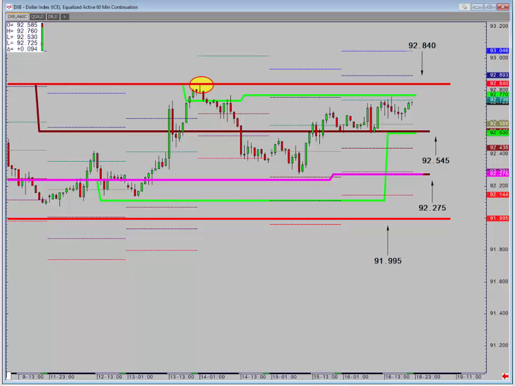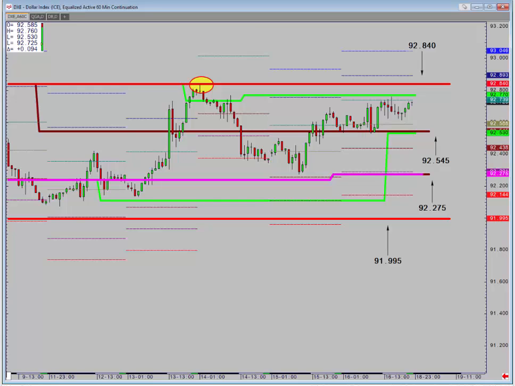Begin with the dollar. We saw it top out against that final resistance at 92.84 on Wednesday, and that is still the final resistance. A daily close above there would restart the uptrend on the dollar.